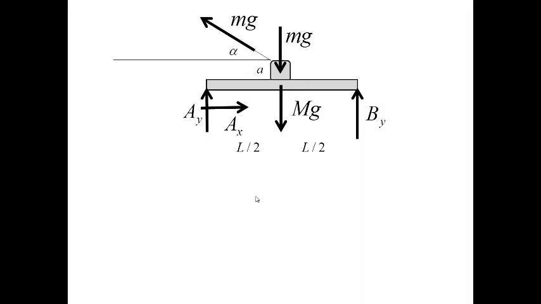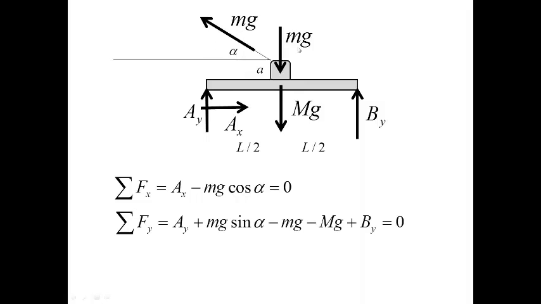I will write first the equation for sum of the forces on X, which is AX minus mg cos alpha equal to 0. Sum of the forces on Y involves the force AY, mg sine alpha, minus mg, plus By.